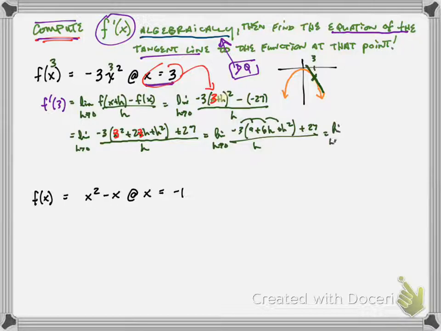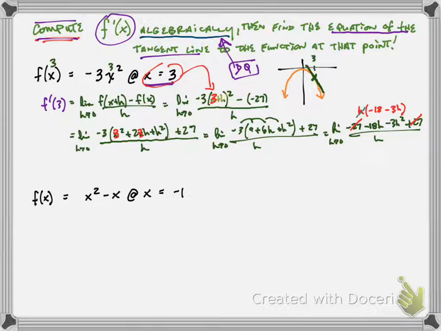This is now the limit as h goes to 0 of negative 27 minus 18h minus 3h squared plus 27, all over h. Negative 27 and positive 27 cancel. The verb is cancel. We'll factor out an h, and we're left with negative 18 minus 3h in our numerator.